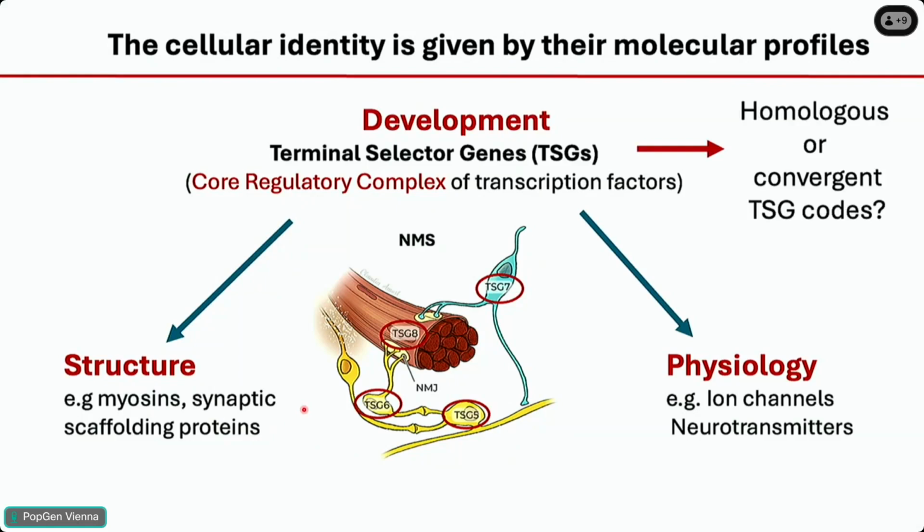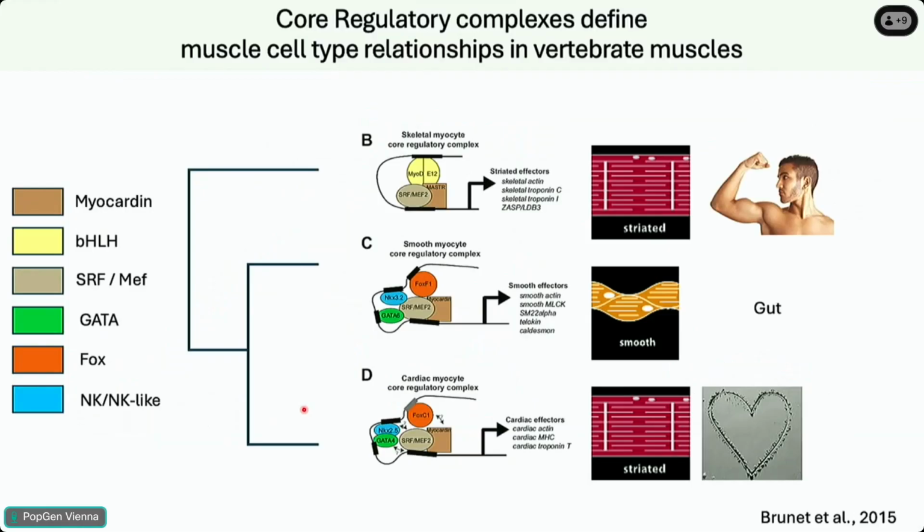whether given cell types between organisms are homologous, or whether they have actually evolved convergently. Interestingly, if we look only into vertebrates, and this is work that was done by Detlef Arendt and Thibault Brunet in a review, when they looked only at transcription factors and the signature between these three different types of muscles, what they found, somewhat surprising at first, is that the two striated muscles, the skeletal and the cardiac muscle, are not so similar at all in their setup of transcription factors.